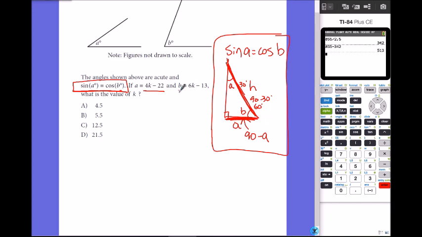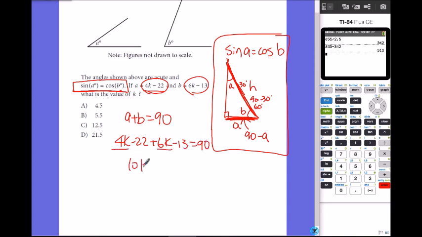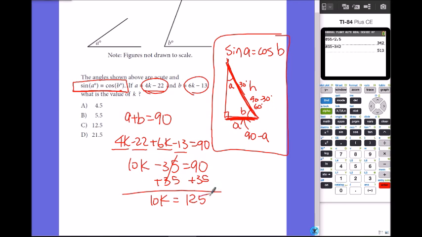A plus B, we know, equals 90. That means this A plus B must also be 90. So combine like terms, 10K minus 35 equals 90. Add 35 to both sides. So 10K equals 125. Divide by 10 to get K equals 12.5.